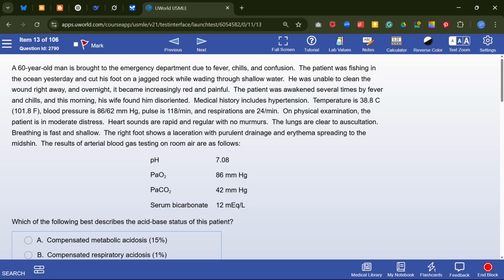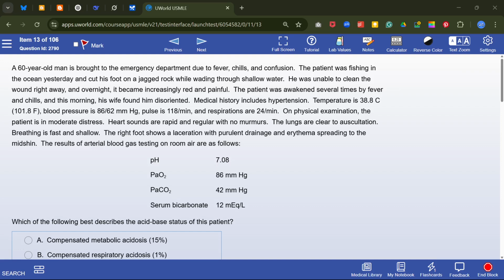Looks like metabolic acidosis. Here pH is low, bicarbonate is very low, so the primary problem is metabolic acidosis. Now you need to see whether any compensation is happening or not.